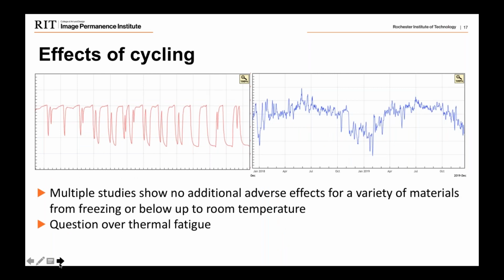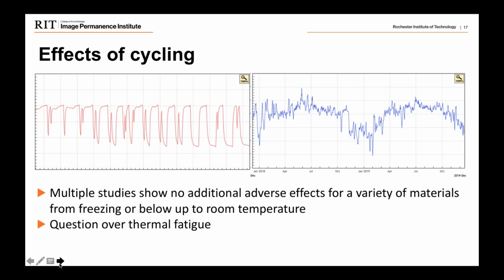Okay, and then the final scenario for temperature is the effects of cycling. When we see it bouncing back and forth between different set points, is this a concern? One of the studies I'd like to cite was a paper by Ellen Carley on whether low temperature pest management causes damage. In it, she discusses experiments with wood, textiles, insects, a wide variety of materials, and really there's been no significant structural damage occurring with repeated freezing cycles.